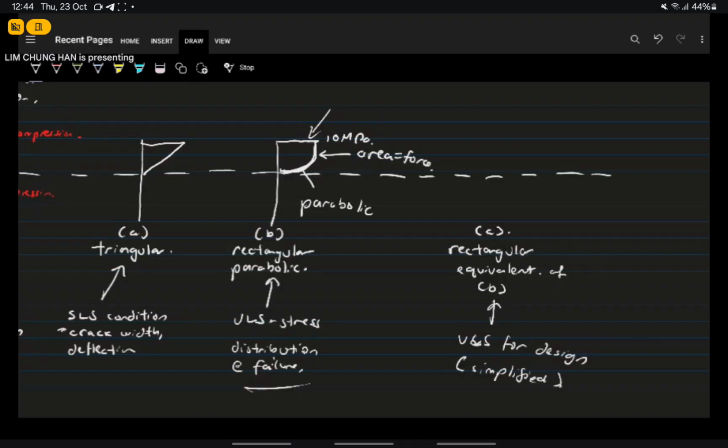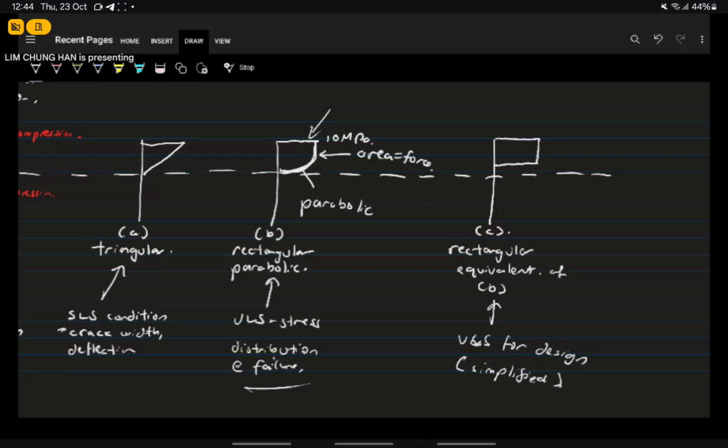How do they simplify it? They basically say, okay, we add up the whole area. It's actually going to look something like this. So basically they rearrange the parabolic B into a rectangle so that it's easier for you to calculate.